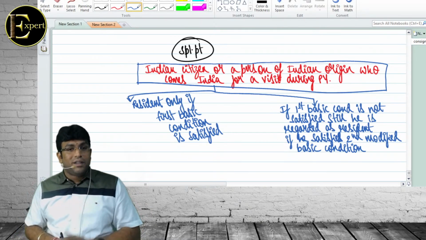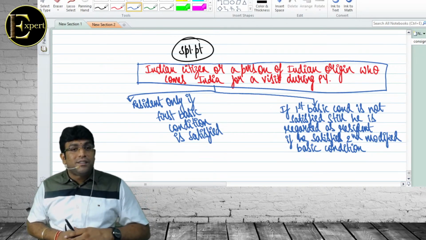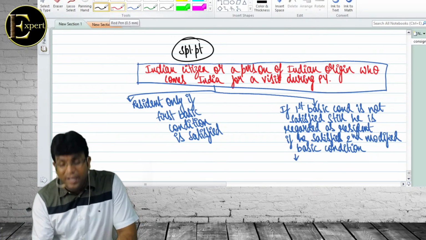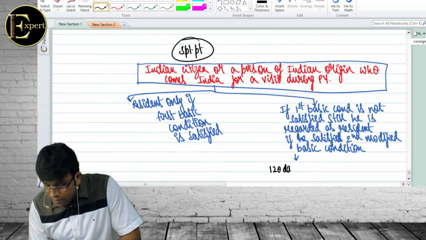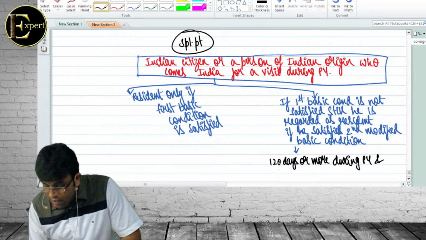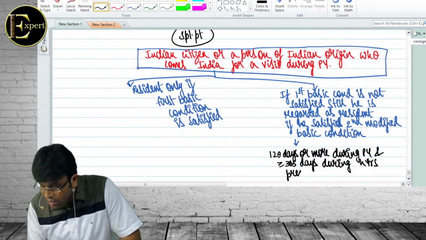If you satisfy the first condition, what will we call him? Resident. Even if the first condition is not satisfied, we will still call him resident if he satisfies the second modified basic condition. Tell me one thing, what is the second modified condition? The usual one is 60 days or more during the previous year. Here they told 120 days or more during the previous year and greater than or equal to 365 days during 4 years preceding the previous year.